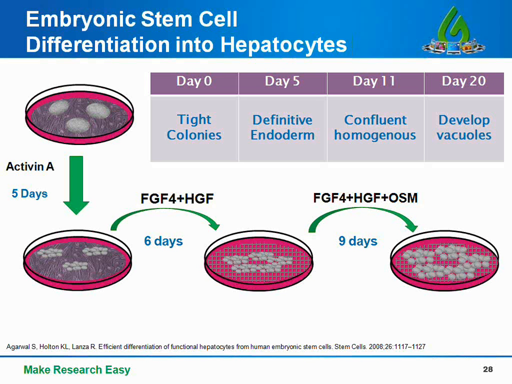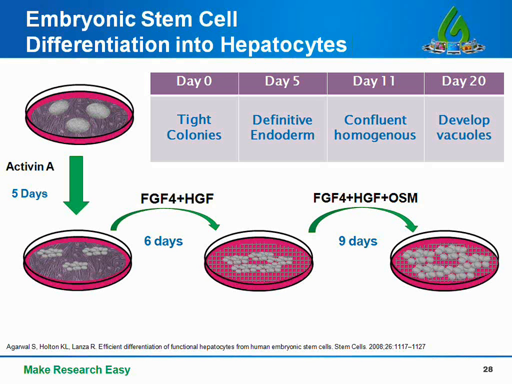The definitive endoderm was then placed on a collagen matrix-coated dish in RPMI media, supplemented with knockout serum and 2 growth factors, FGF4 and HGF. The cells grew on the collagen matrix as a confluent monolayer, and after 3 days, the media was changed to minimal media, supplemented with BSA with the same concentration of FGF4 and HGF.